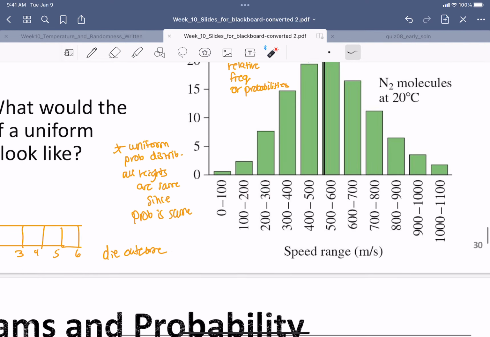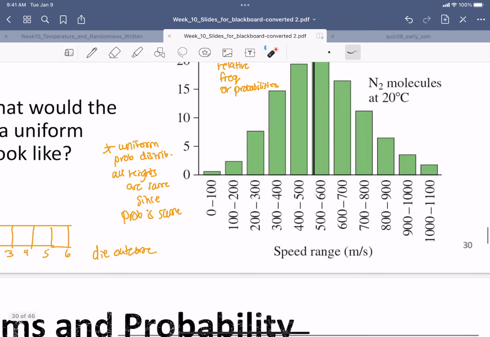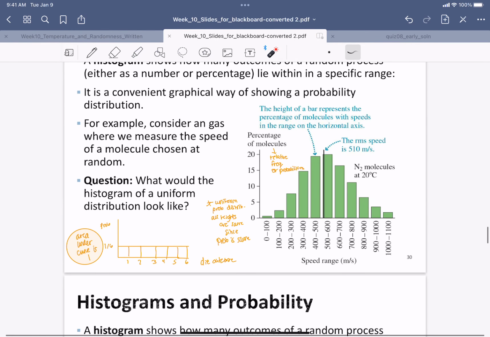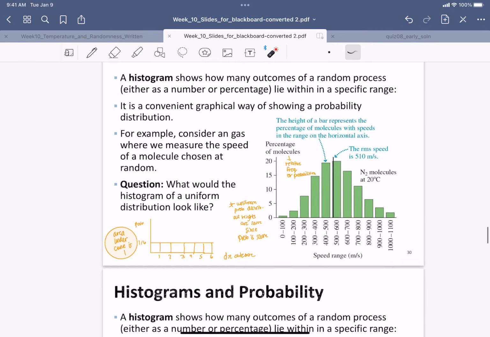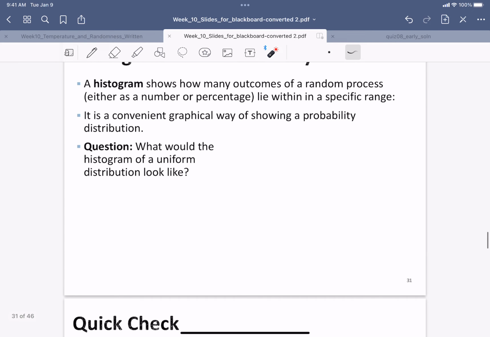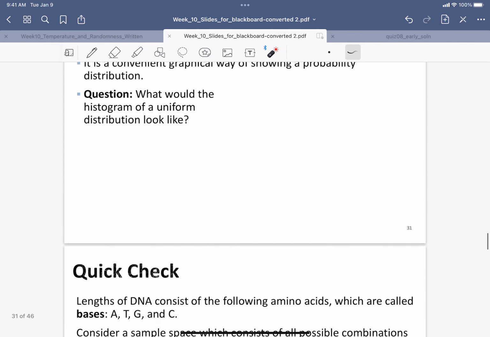And oftentimes when doing those problems, like the one you saw on the written homework and the one on the quiz, they're going to be using the central value most of the time. So this would be 50, 100 to 200 would be 150, for example, and so on. Those are the X values, or the V values, that you would use for your probability when you're calculating your averages.